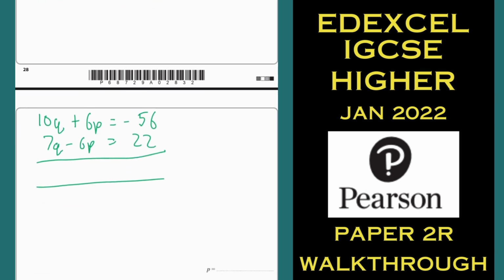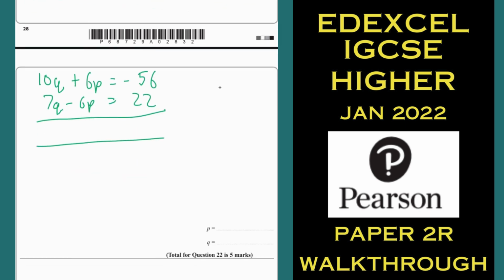And as with all simultaneous equations questions, same signs subtract, different signs add. So 17Q, the P's disappear, negative 34. And it's worked out lovely. Divide both sides by 17. We get Q to be negative 2.